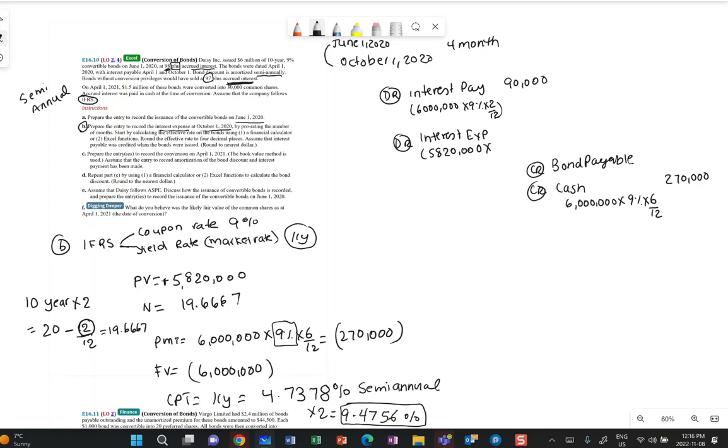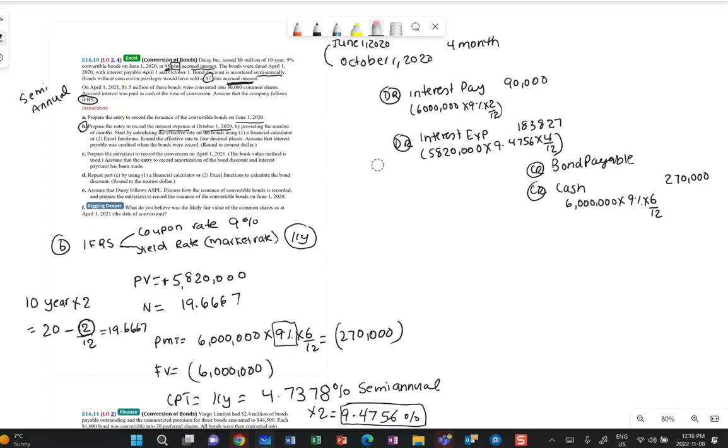My market rate that we calculated was 9.4756, the annual rate. Multiply by 4 divided by 12, and that will give me an interest of 183,827. So that's the interest.